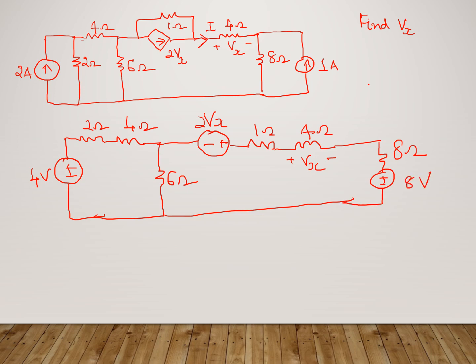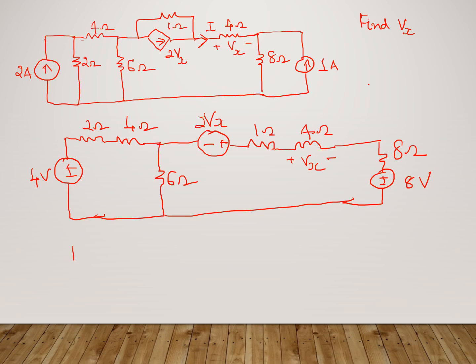Fine. So now we are ending up with a 6 ohm in series with a 4 volt. So 4 volt in series with a 6 ohm resistance can be converted again to a current source.